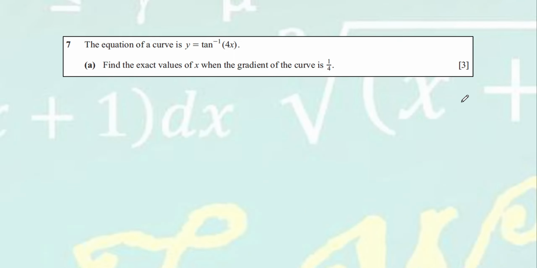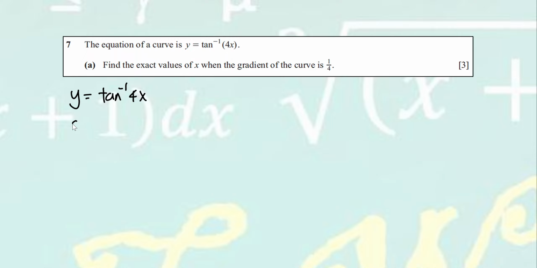Alright, now next question, number 7. The equation of a curve is y equals arctangent 4x. Find the exact values of x when the gradient of the curve is 1 over 4. So the gradient is basically dy/dx. It means y is arctangent 4x.